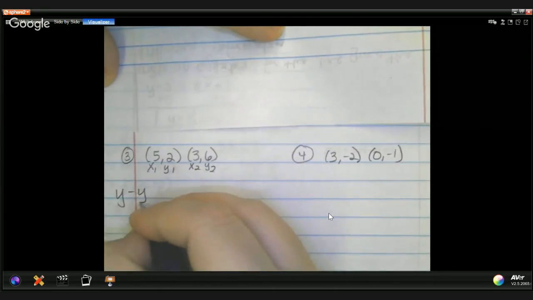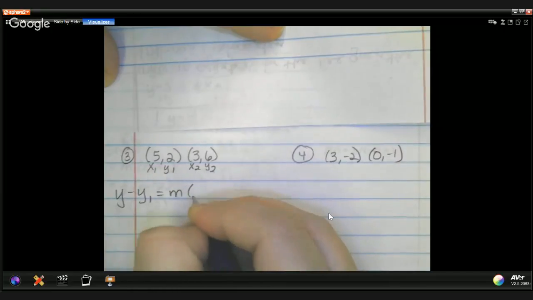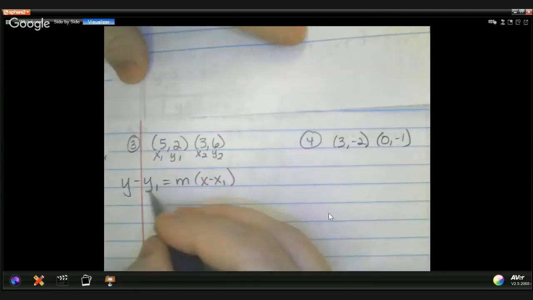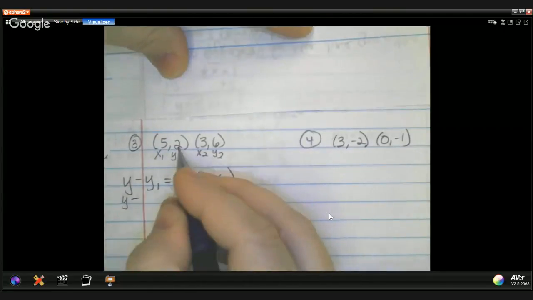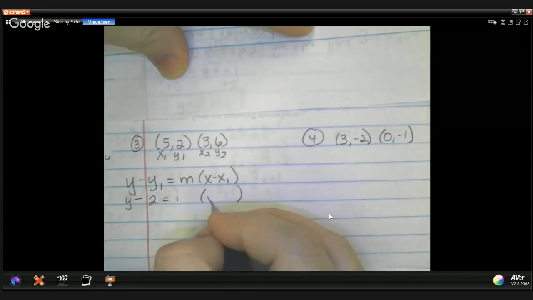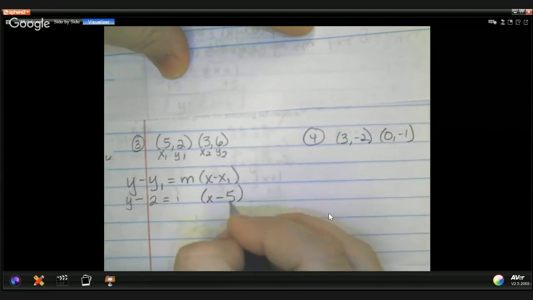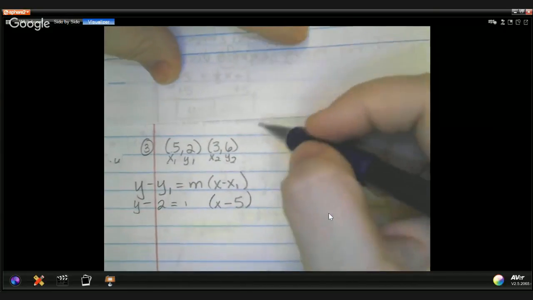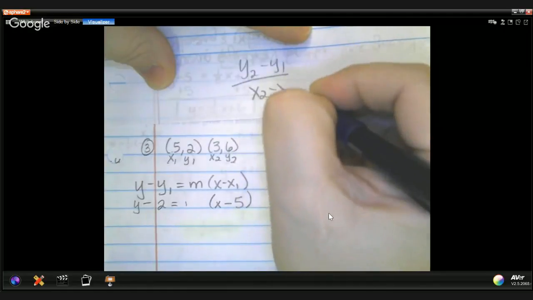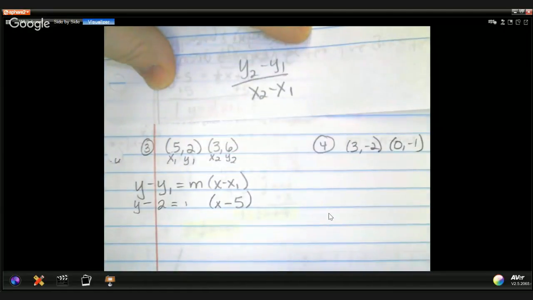I'll write my formula again, just so it helps me remember it. So my y I don't know, but I do know my y1 is 2, equals my slope, which I have to find out, and x minus x1, which is 5. So we're going to have to use our slope formula to find out our slope.